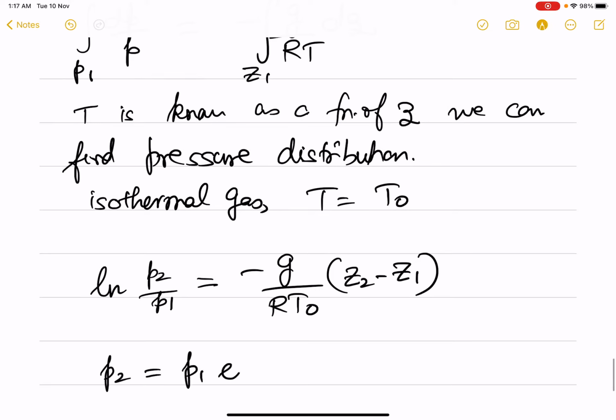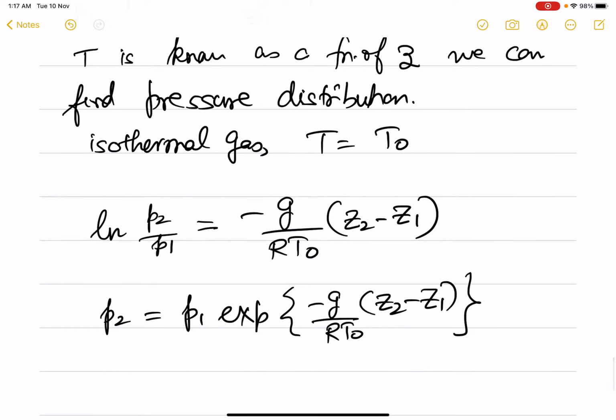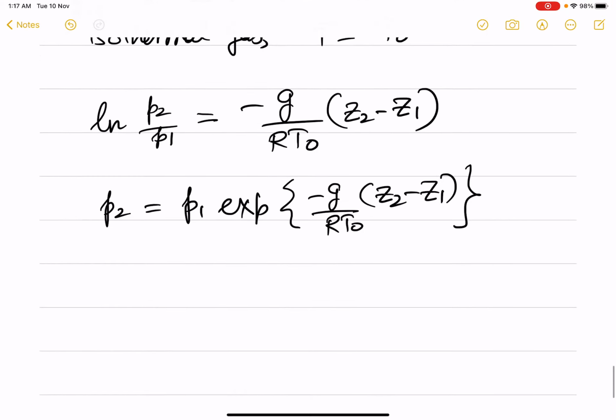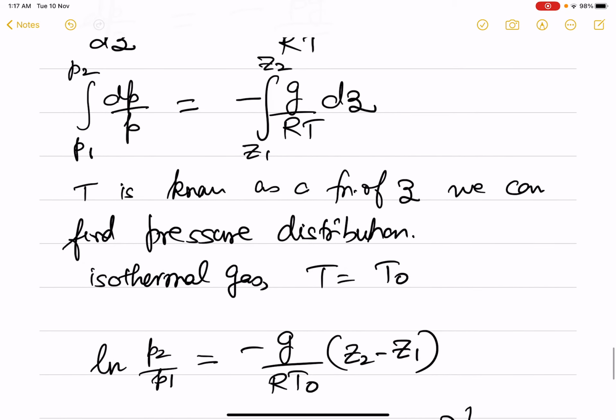P2 is equal to P1 exponential of minus g by RT0 times z2 minus z1 in this way. So this is how one can get the pressure distribution as a function of z for an isothermal gas. If temperature is known as a function of z, then we can put it in this expression and integrate that to get the distribution of pressure as a function of z.